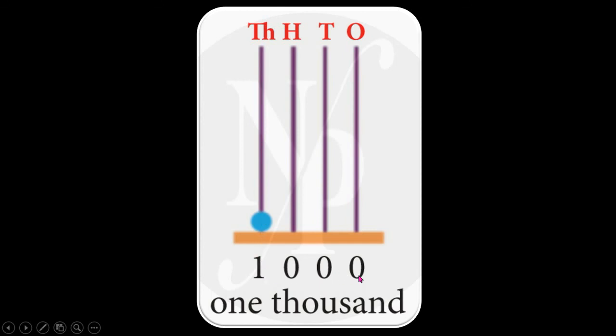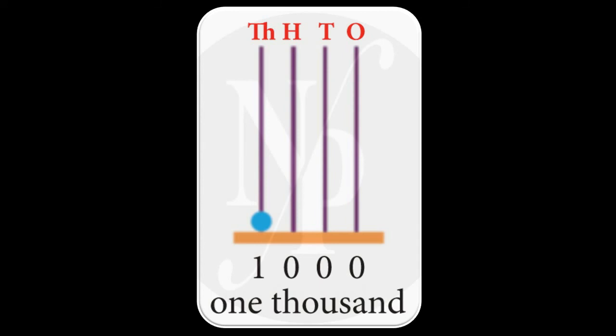So the number name of this number, which is formed by 1 followed by 3 zeros, is written here: ONE THOUSAND. So this is how we represent numbers in hundreds on an abacus.